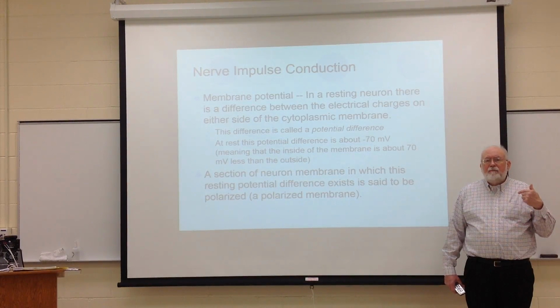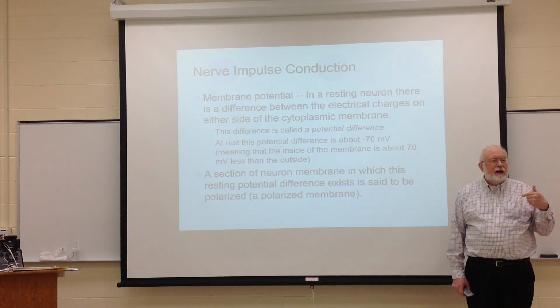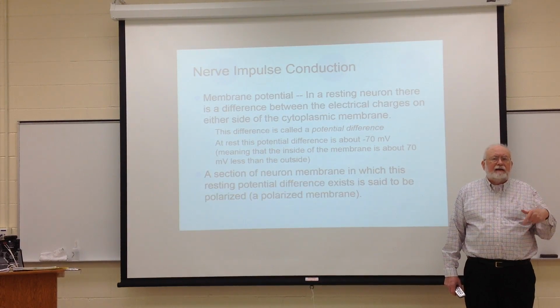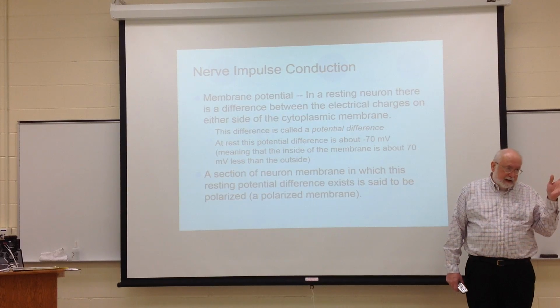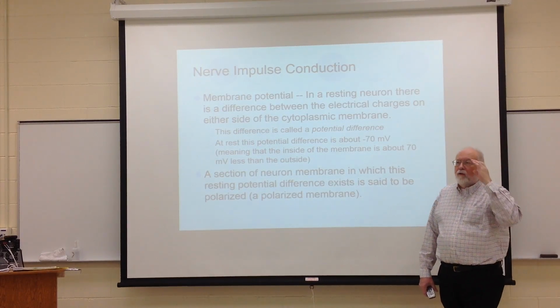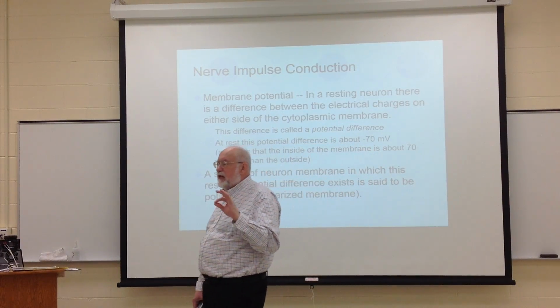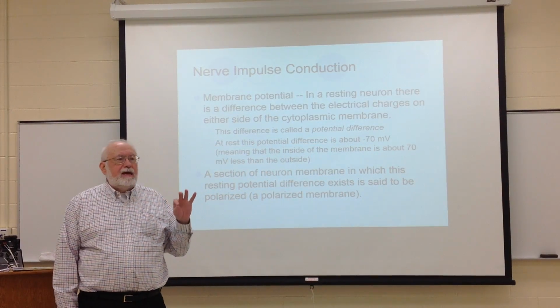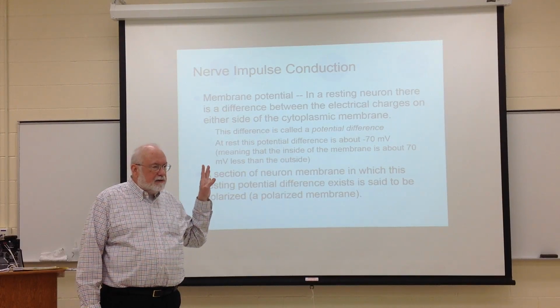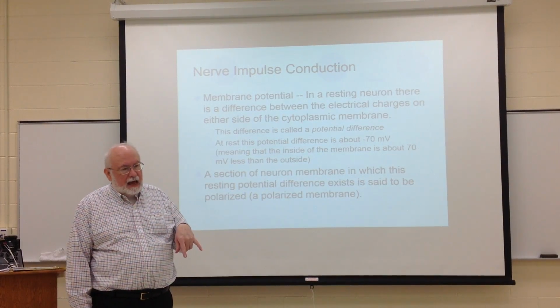And accompanying those are potassium ion channels, which will only admit potassium ions, but potassium is in a much greater concentration inside the cell than outside. So in order to maintain this resting potential of minus 70 millivolts, we need to have the sodium staying out and the potassium staying in.